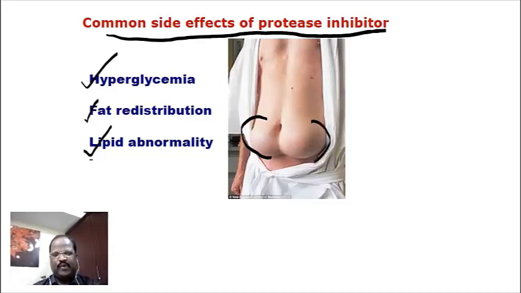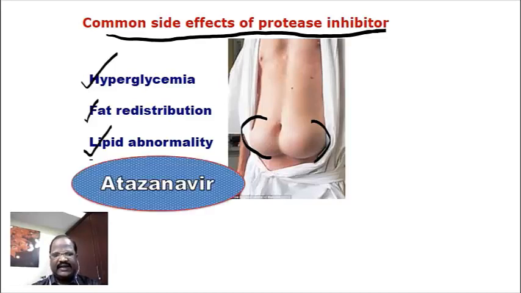It's called lipodystrophy. It's a common side effect of majority of protease inhibitors. But you should know, among the protease inhibitors, atazanavir has the least chance of causing lipodystrophy and metabolic complications.